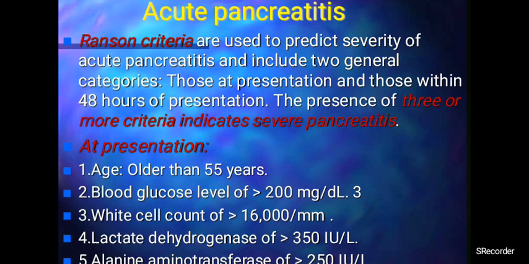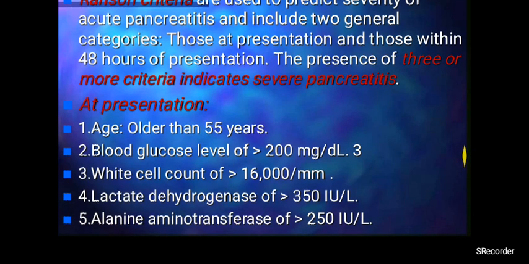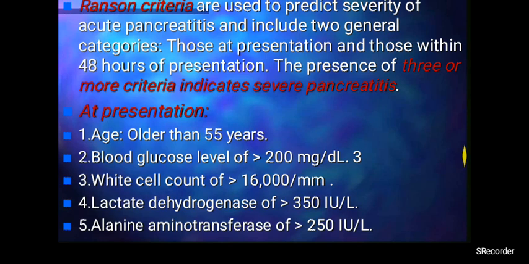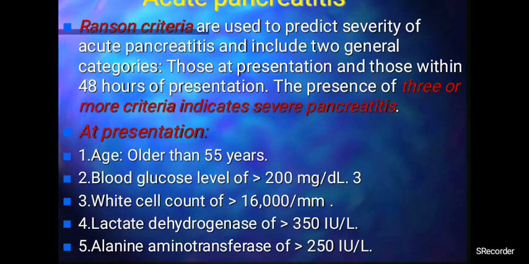To begin with, at presentation: if the patient is older than 55 years of age, blood glucose above 200 milligrams per deciliter, white blood cell count above 16,000 per cubic millimeter, lactate dehydrogenase above 350, and lastly, aspartate aminotransferase greater than 250. Those are at presentation.